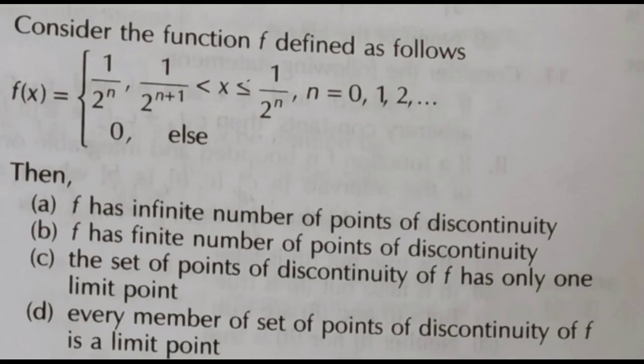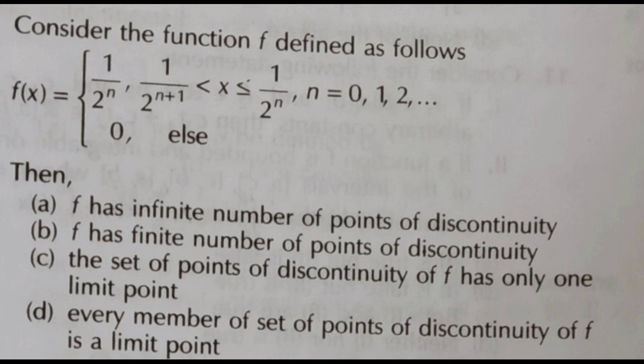The last question of the class is: consider the function f defined as follows. f(x) equals 1/2^n when 1/2^(n+1) is less than x less than or equal to 1/2^n, where n equals 0, 1, 2, and so on, and 0 elsewhere. Option A, f has an infinite number of points of discontinuity.